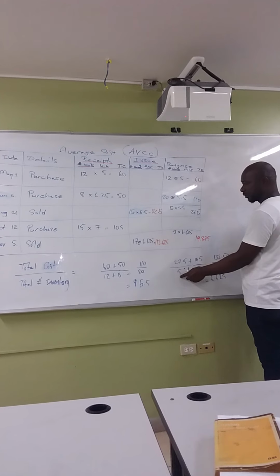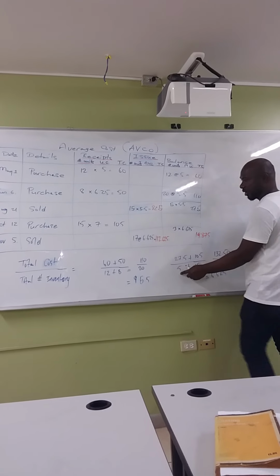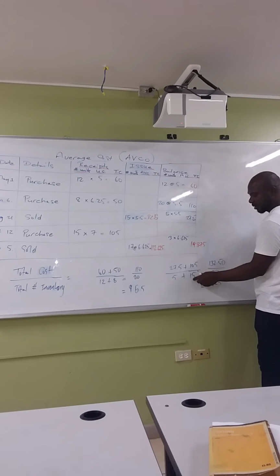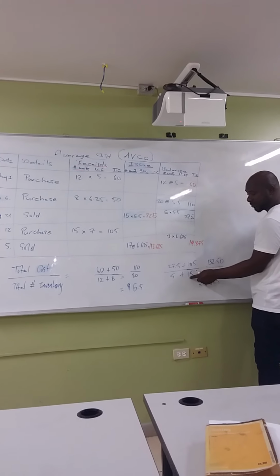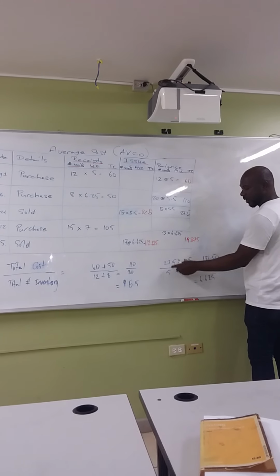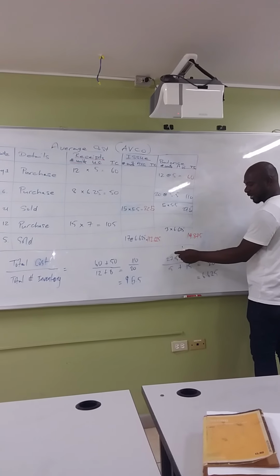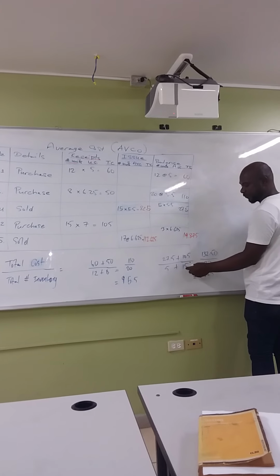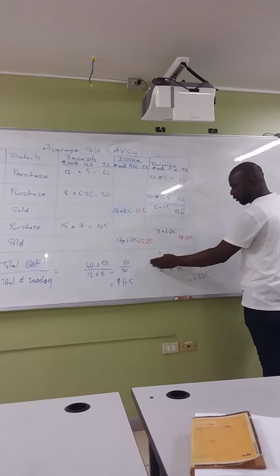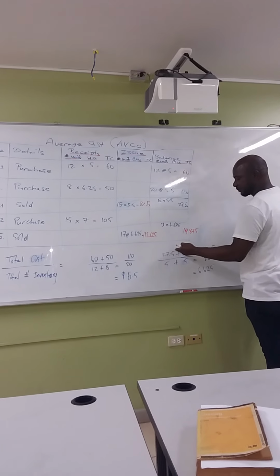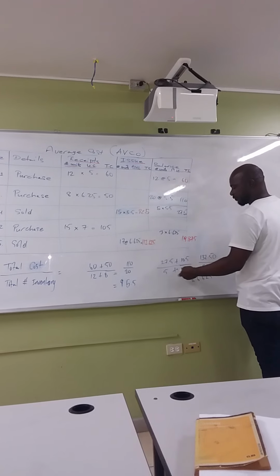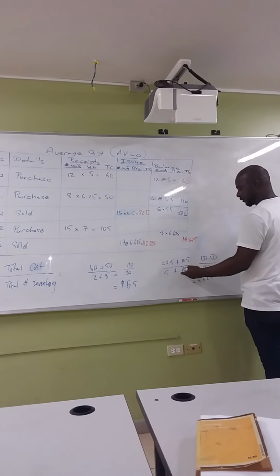Now we're bringing in what? 15 more, right? So the number of units that we're bringing in is 15, so plus 15. But that 15 was at a cost of 105. So we had 5 at 27.5, and we're bringing in a further 15 at 105. So when you add, remember the top half represents your total cost, whereas the lower half represents your total number of units.